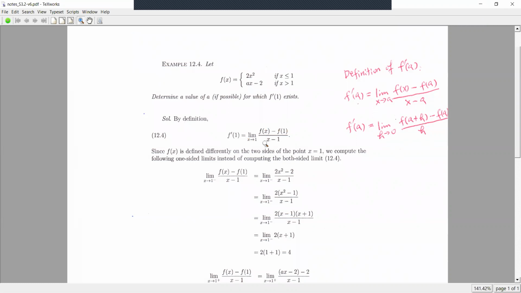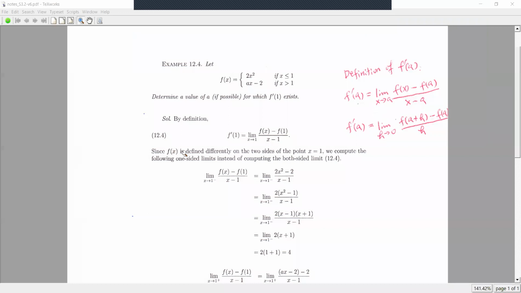This limit may or may not exist. If as x approaches 1, this fraction approaches more than one number, then this limit doesn't exist. This is a both-sided limit. X can approach 1 from the left side, can approach 1 from the right side.